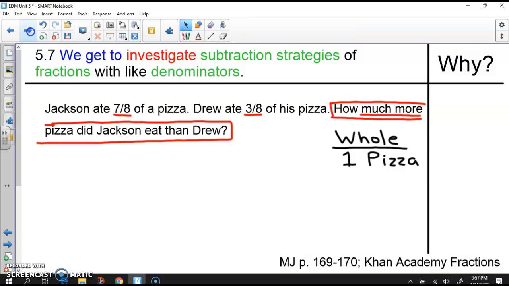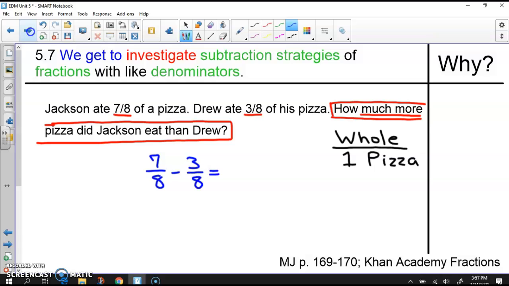Now, this time when we're going to be working on our subtraction, if we see that Jackson ate 7/8 and Drew ate 3/8, we want to find out what that difference is, or how much more Jackson ate than Drew. So this time we're going to go ahead and do 7/8 minus 3/8.